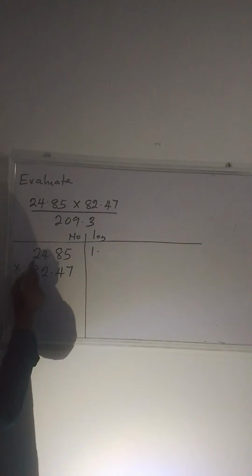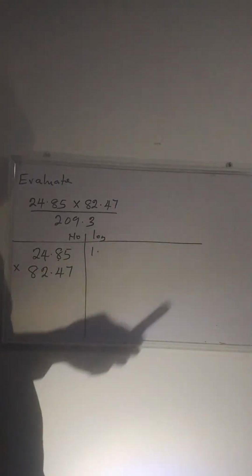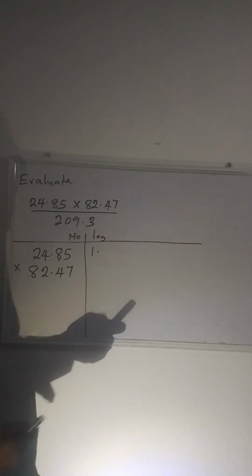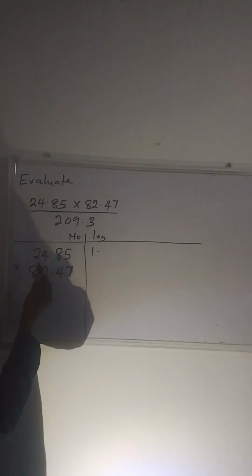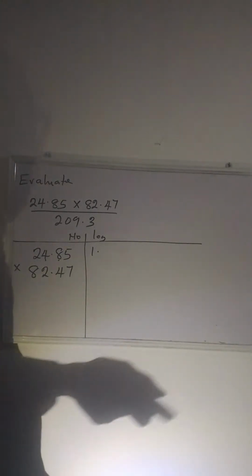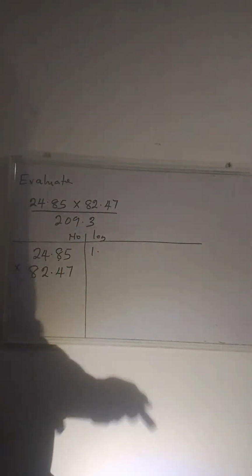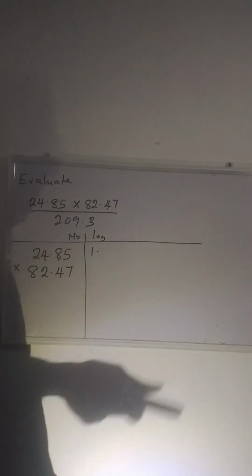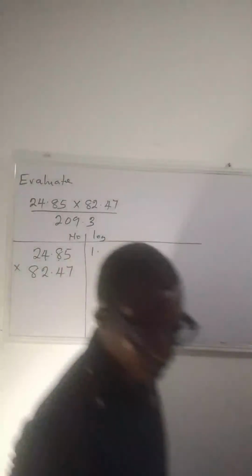So that will be 1 point. Now you check 24 under 8, under logarithms of number, and add difference 5. Now do that and let me have your answer.